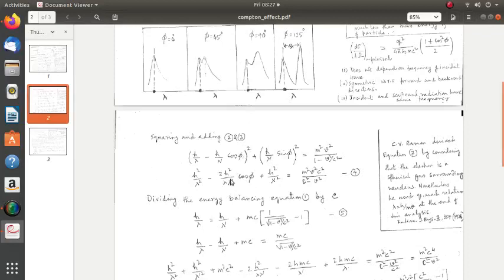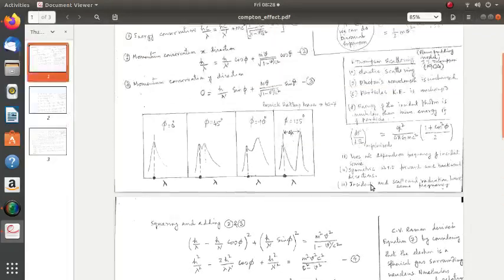So that term is there, and then we have some other terms, h square by lambda square from here, h square by lambda dash square from here, and we have just simplified this to m square v square c square by c square minus v square. So let us call this new equation as equation 4.